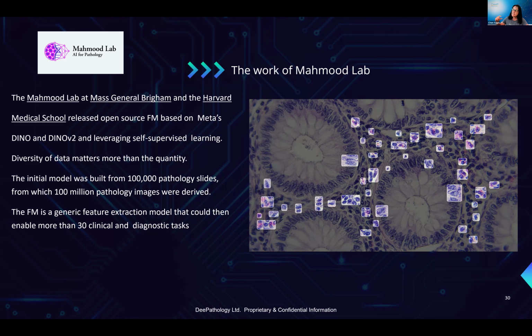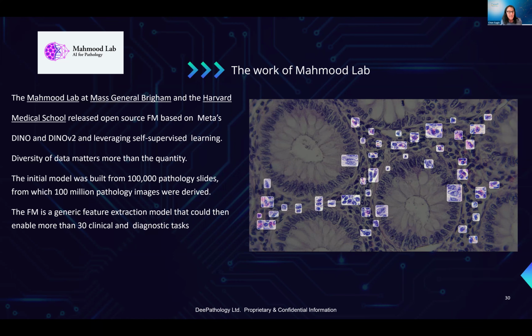So what they did, they took the foundation models of Meta, DINO and DINO 2, and they retrained not only a small part, they retrained it, not fully, partly, to extract the extra information from pathology slides. And this foundation model, they could use it.